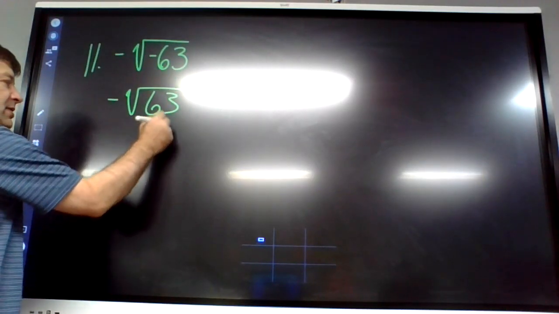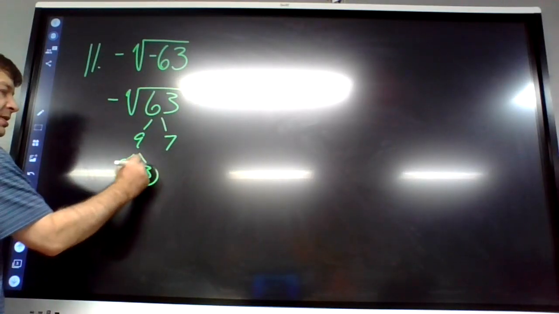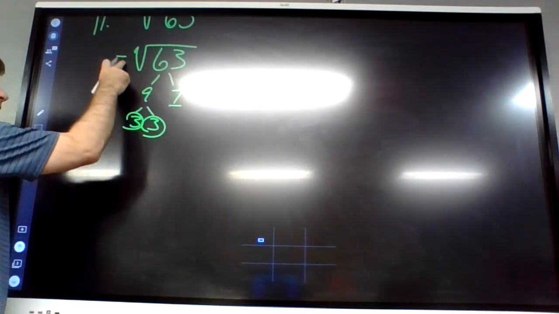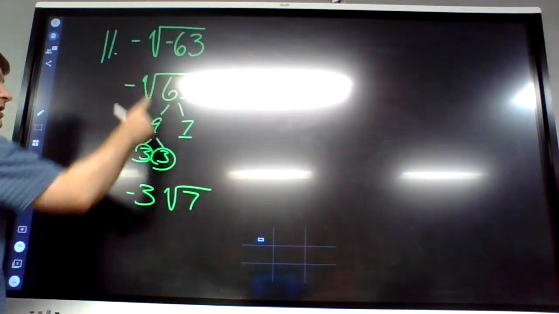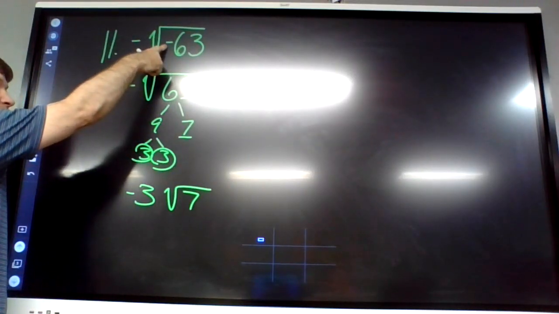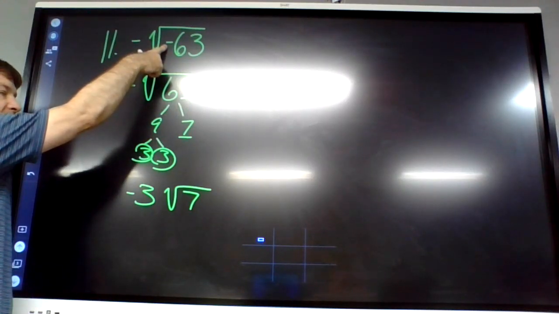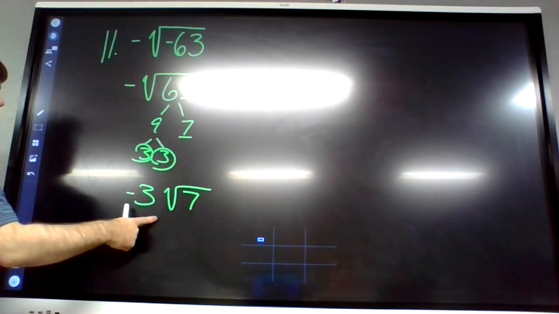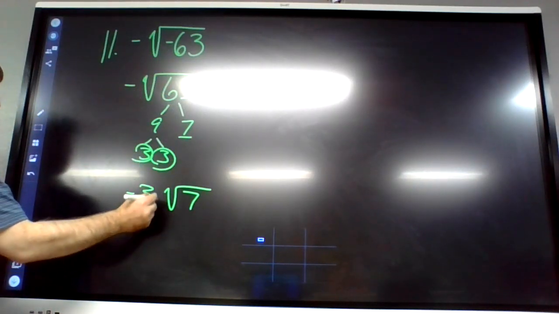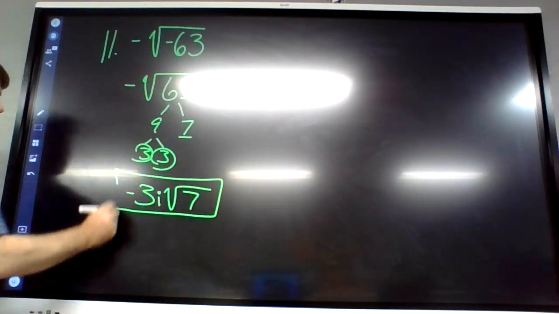So if we did this, what it should come out as is 3 square root of 7. Well, there's a negative right there. But that's not quite right because there was a negative right here. If there's a negative right here, what should I put in the answer? Where do I put the i in the answer? Before the square root, but if it's a fraction, it's outside the fraction.